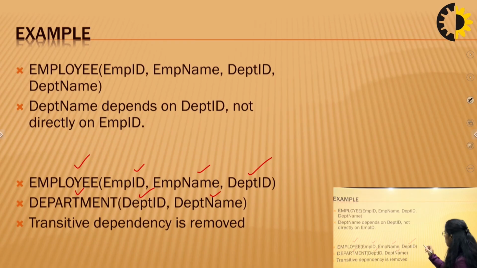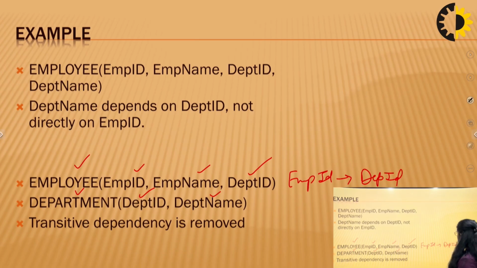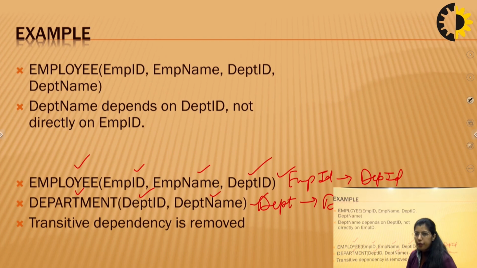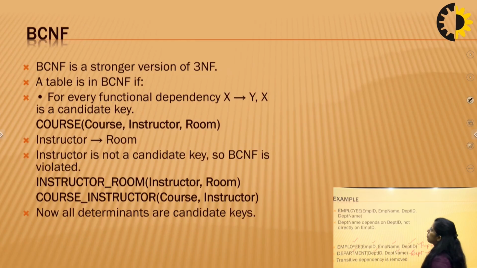One table has the functional dependency employee ID to department ID, and the other table has department ID to department name. Because these two functional dependencies are in different tables, this will now be in 3NF.